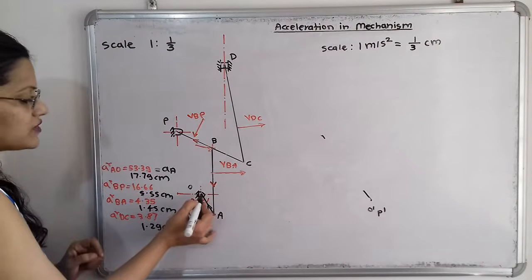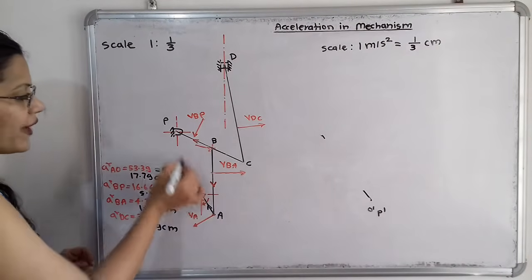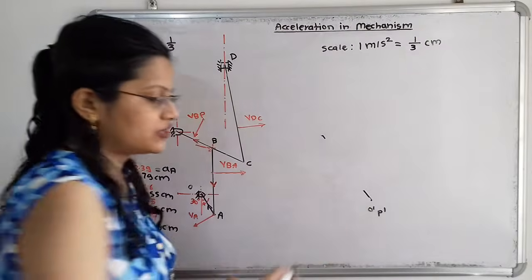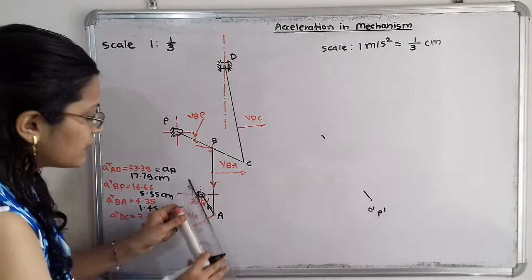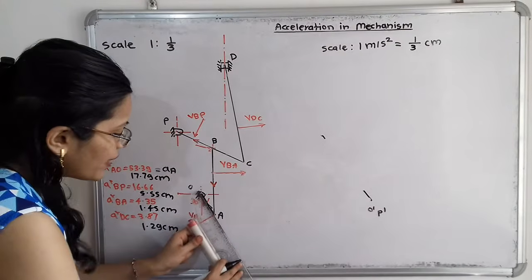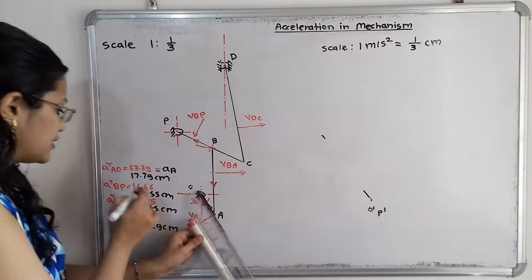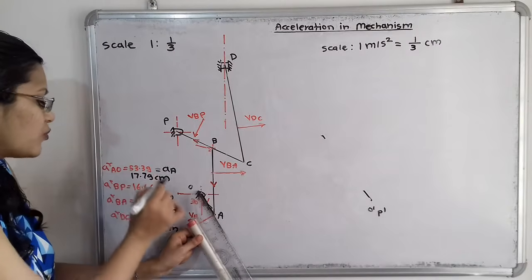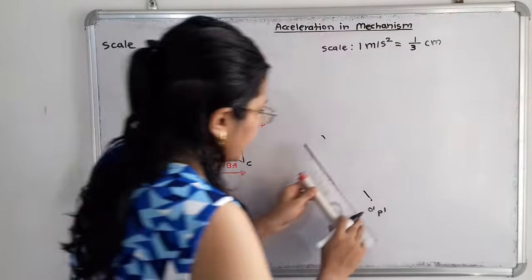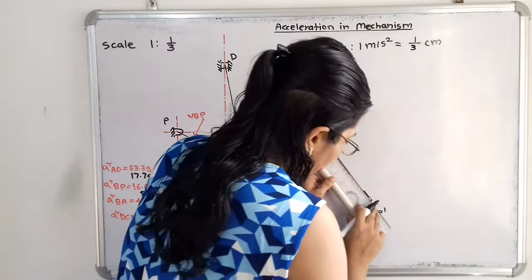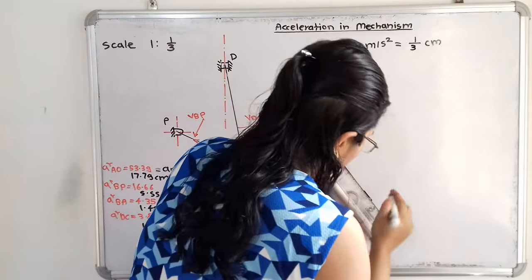Let us first take the two fixed points, O and P, as O dash and P dash, and from this point we draw one line parallel to this link OA in the upward direction with scale 17.79 centimeter. Approximately I will take 17.8 centimeter.